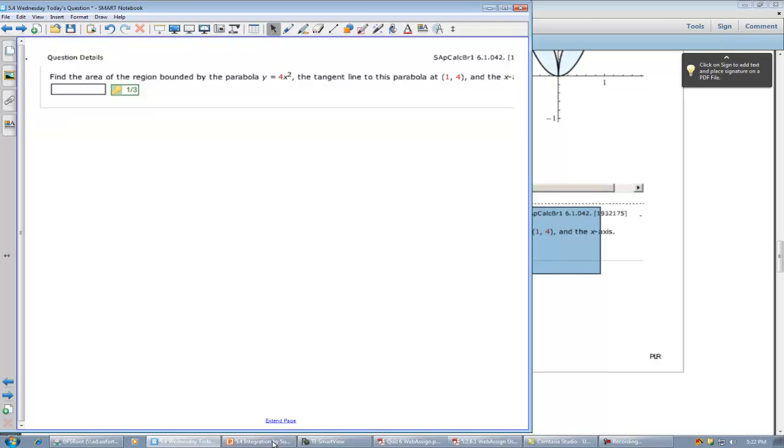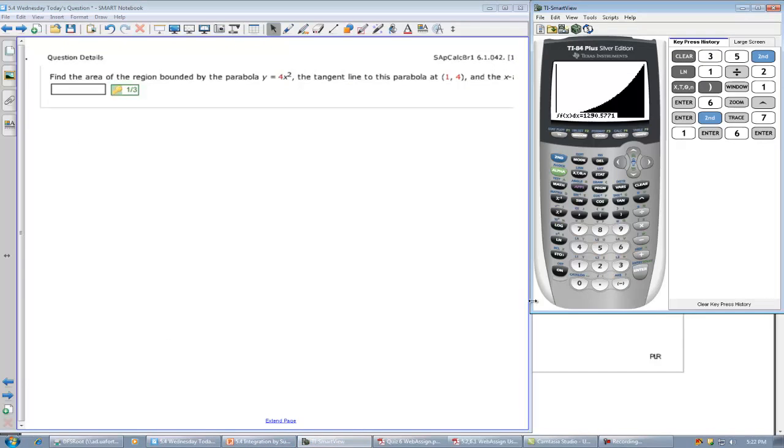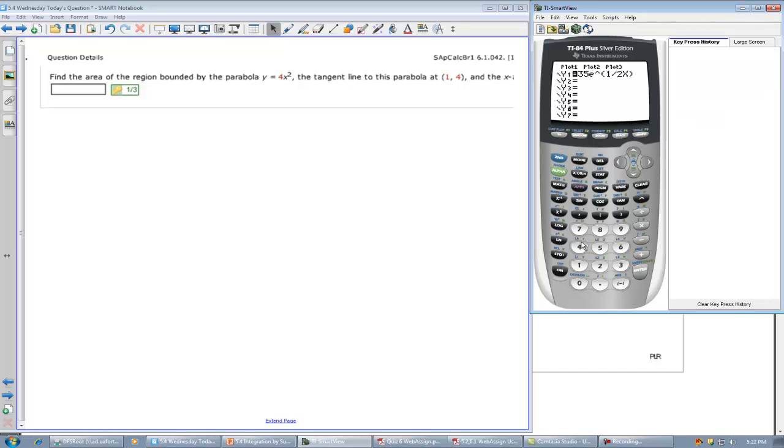Well, maybe we should draw a graph first. So let's get a graph going over here. So hit y equals. Let's clear this out. And then we have 4 times x raised to the 2. And let's just go, we want to look at (1, 4), so let's go from 0 to 5, let's say.